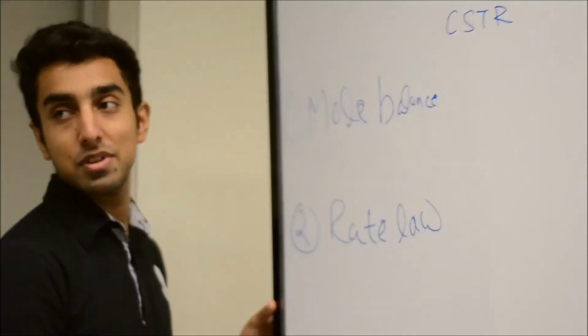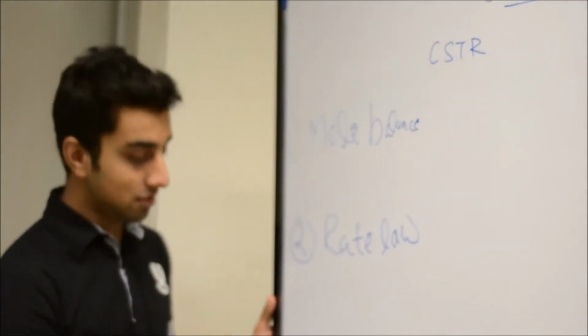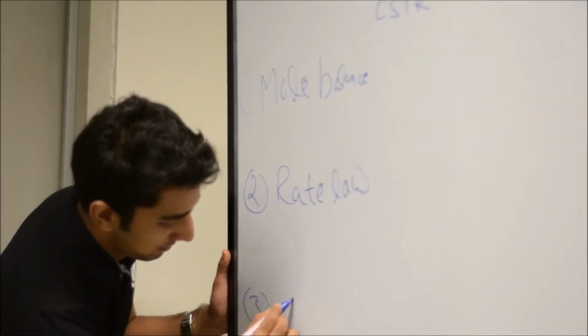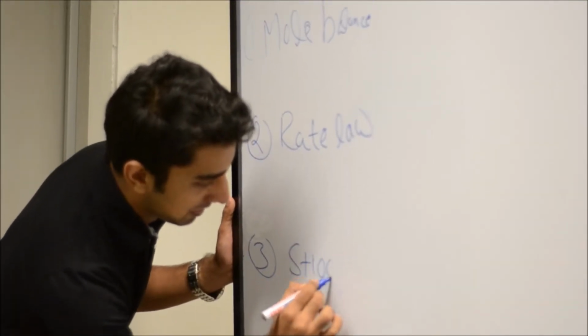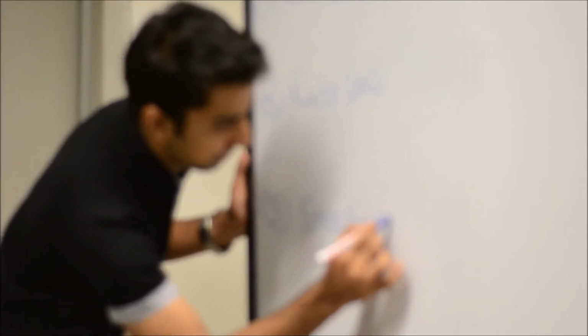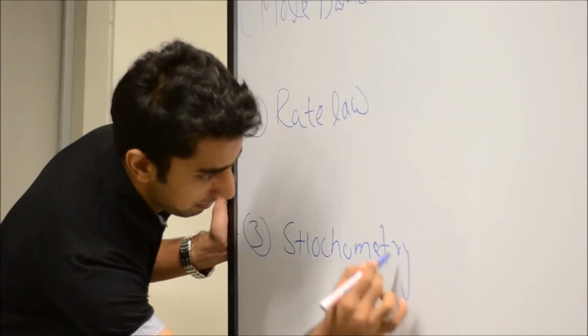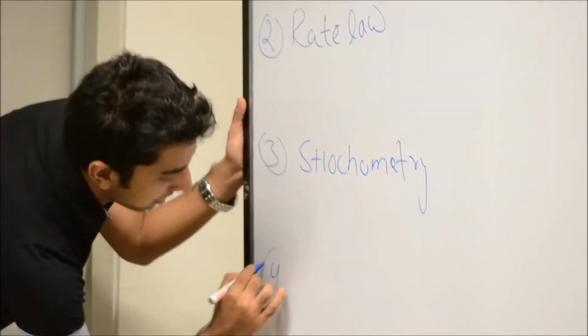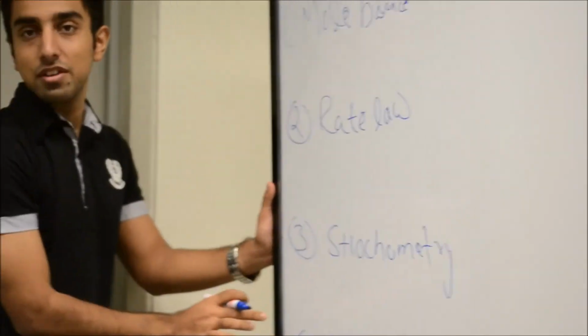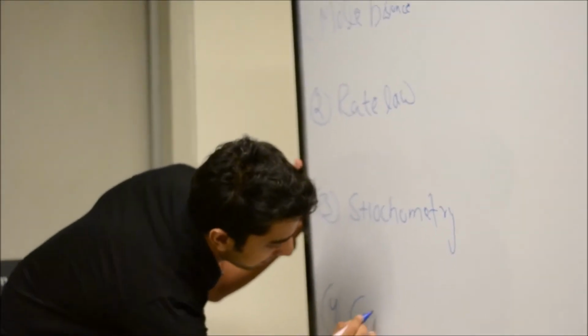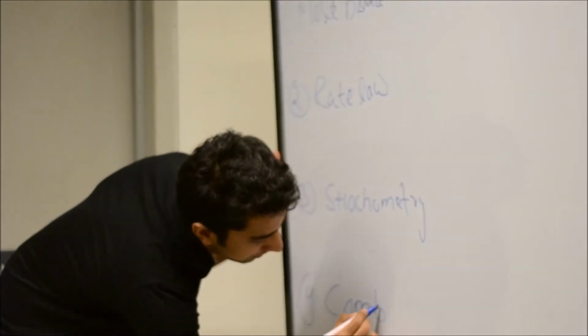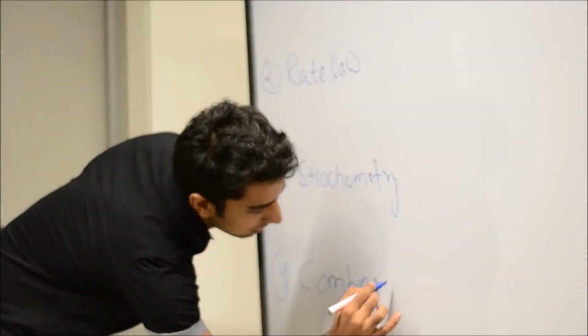Can you tell me what the third will be? Stoichiometry. Yes. And the last will be, we will combine all these 3 steps together to form one equation, which is basically combine and evaluate as well.